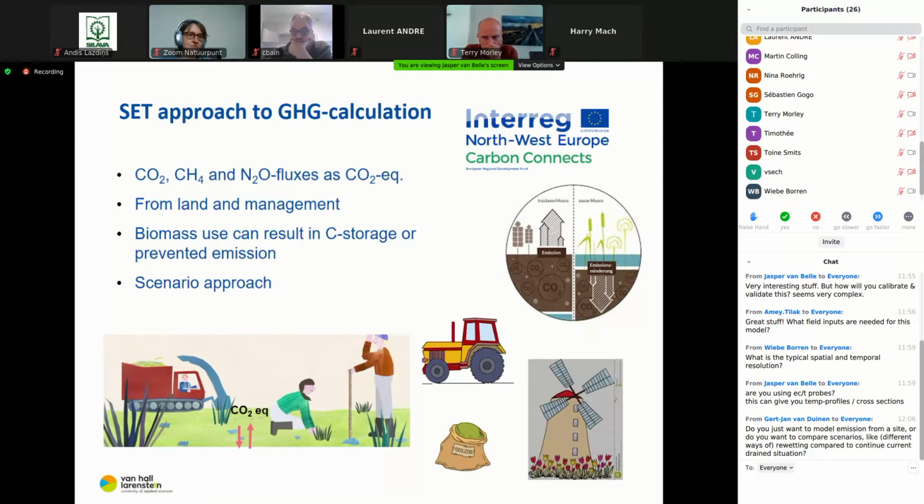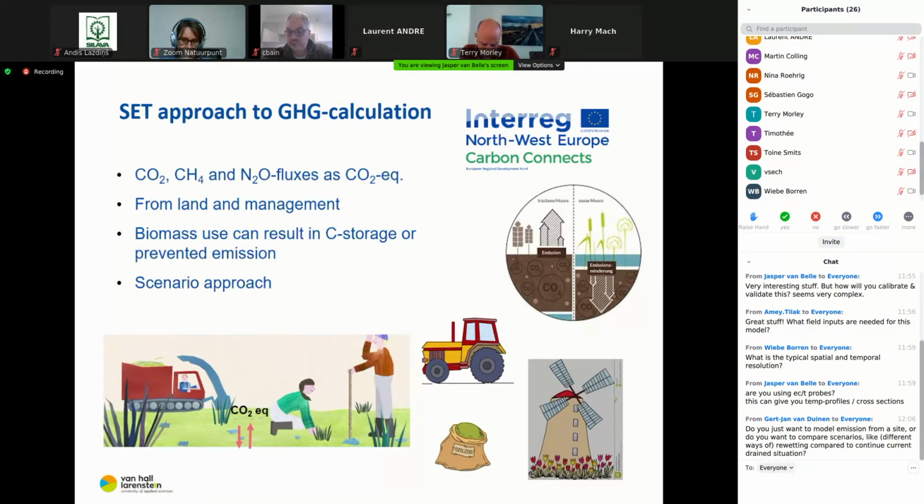And that is the ultimate goal. We want to set up a reasonably trustworthy foundation to base carbon credit claims upon.